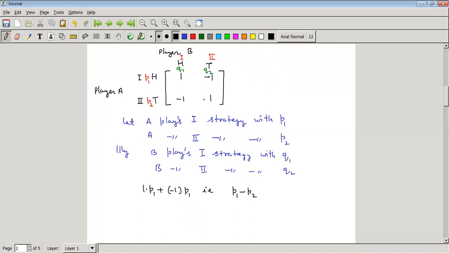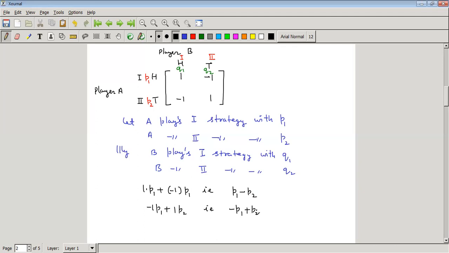If B fixes his first strategy, A gets this much profit. If B fixes his second strategy, then A's profit is minus 1 into P1 plus 1 into P2, that is minus P1 plus P2.